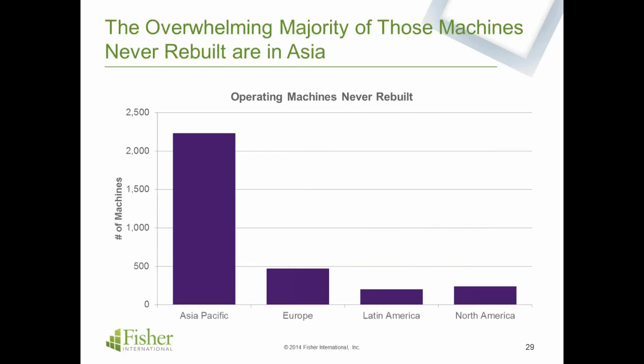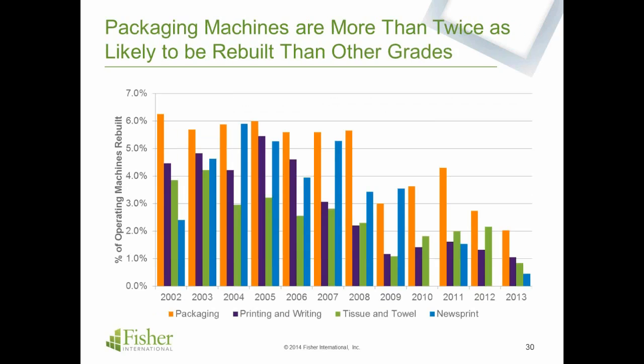So again, there are around 3,000 paper machines that have never been rebuilt in the world. And the overwhelming majority of those machines that have never been rebuilt are in Asia. We also know from the data that packaging machines are more than twice as likely to be rebuilt than machines making other grades. Now, that also has changed over time.